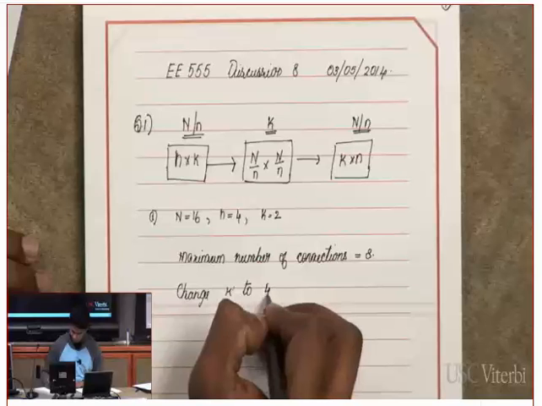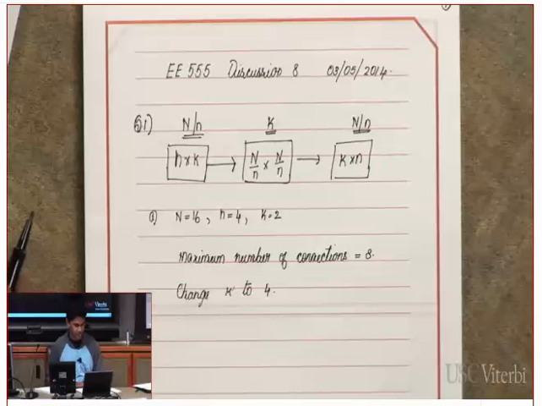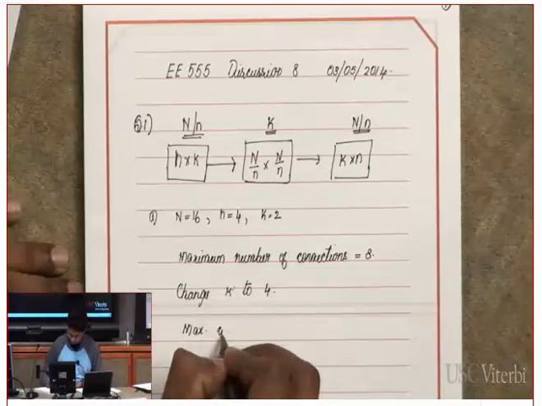Now what if k is 8? What happens now? Yeah, it would still be 16 because you only have 16 inputs coming in, regardless of what you have in the middle. So it is 16. It's the same.